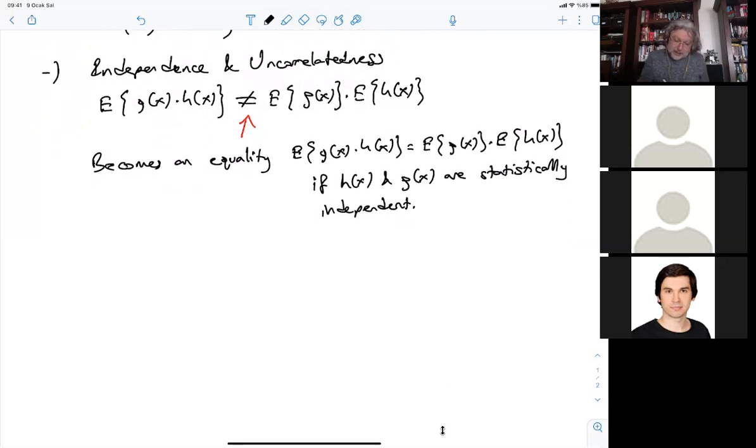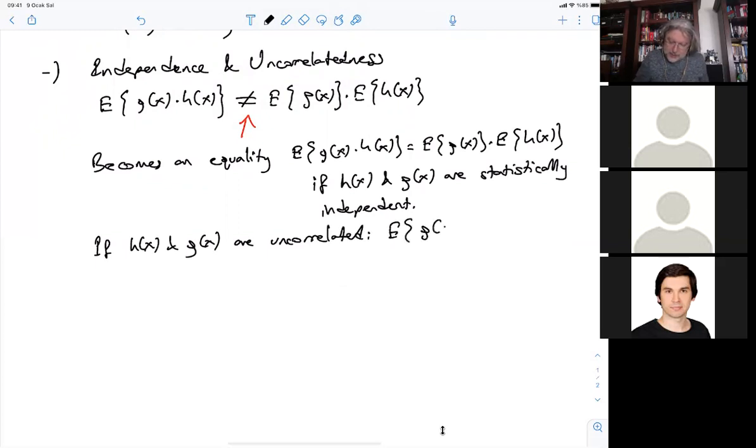Uncorrelatedness is a different thing. If h of x and g of x are uncorrelated, then expected value of g of x times h of x becomes 0. If it is 0, then it means uncorrelated. It means that their cross correlation, expectation of g of x times h of x, is the cross correlation of g of x and h of x. And if their cross correlation is nothing, it means they have no correlation.